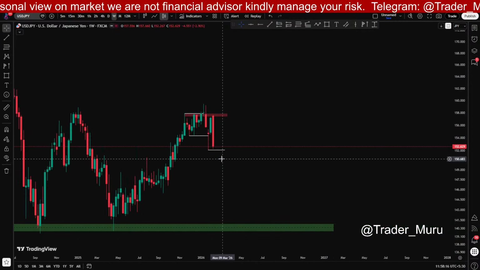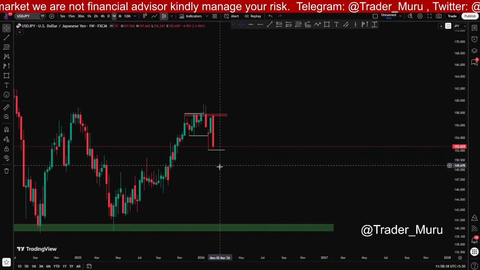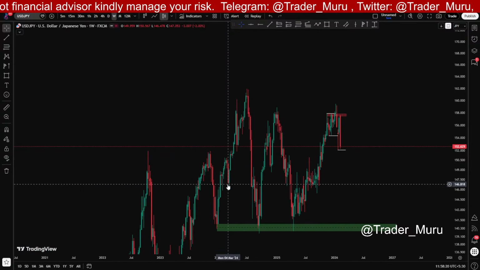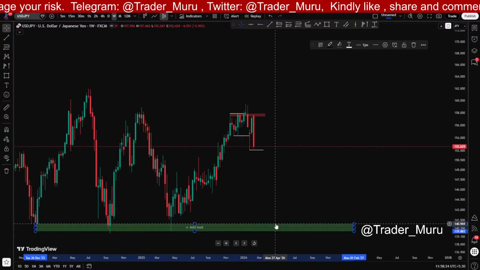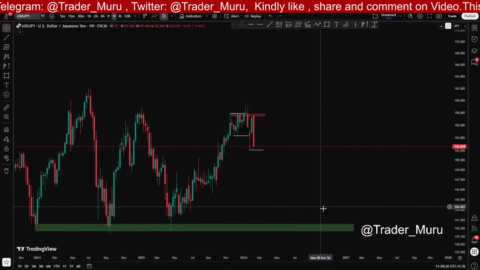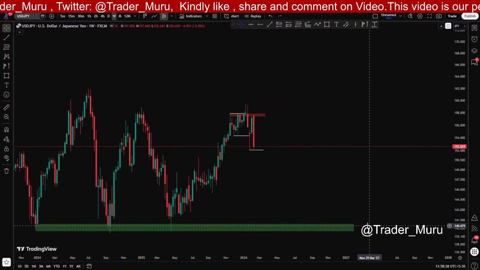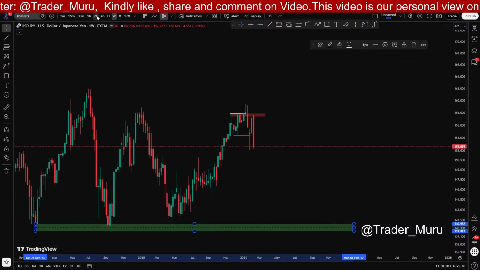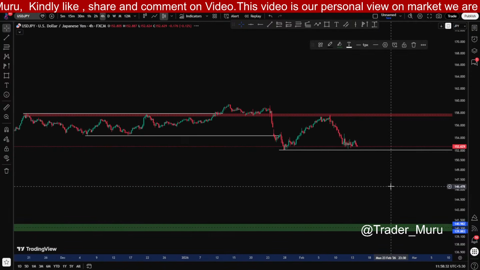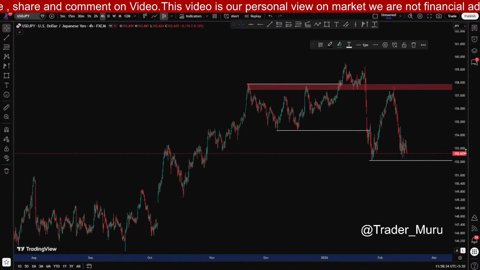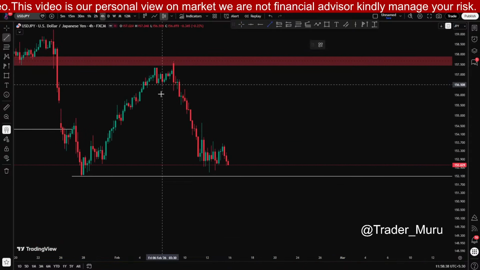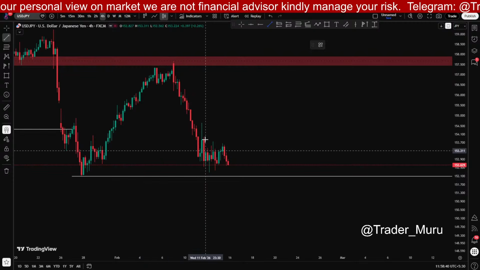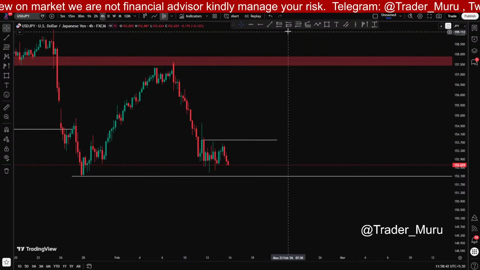Weekly time frame, it is bearish, and you can expect it to test this green zone again around 140. On the 4 hour time frame, this is your break of low, and this is your recent supply.